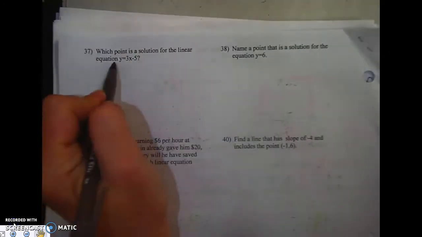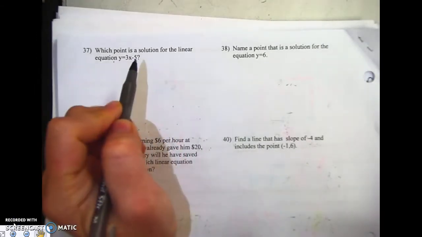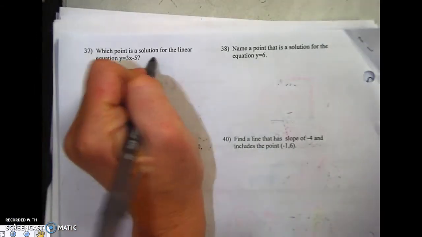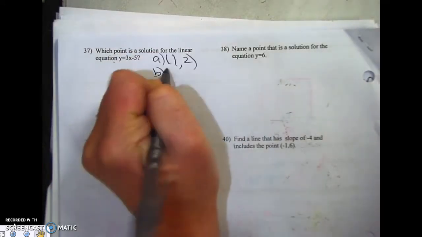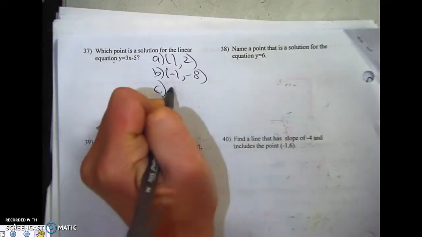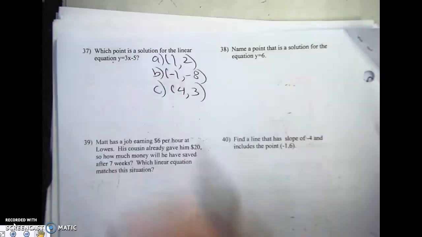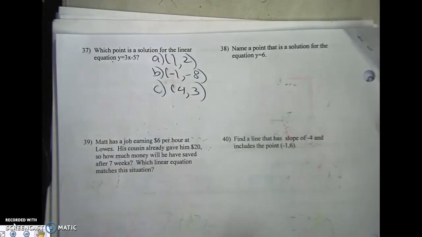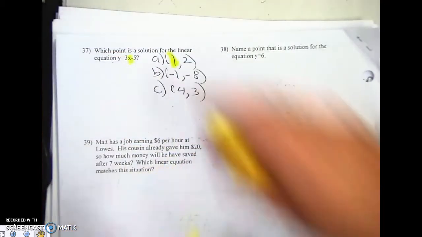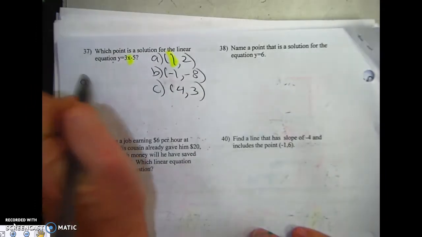Okay, it's going to say which point is a solution. So let me make up: 1, 2, negative 1, negative 8, and 4, 3. Okay, this is what the question is going to say. So what you're going to do is take this x, plug it in, and see if you can get that y. So let's try A first.